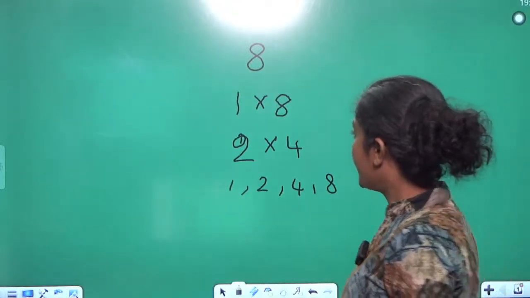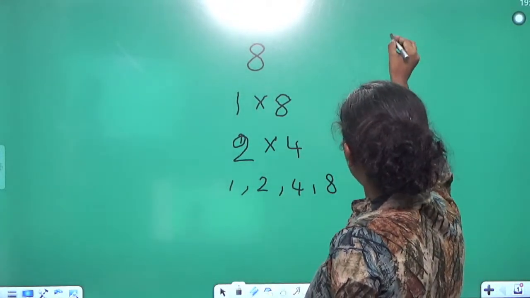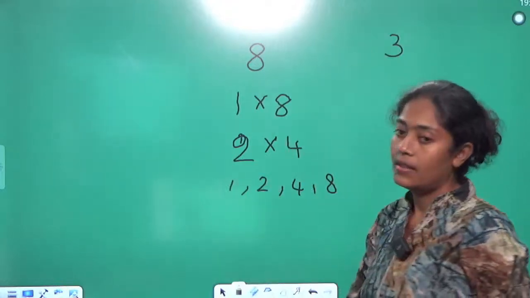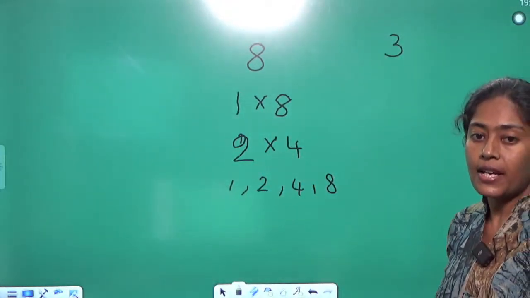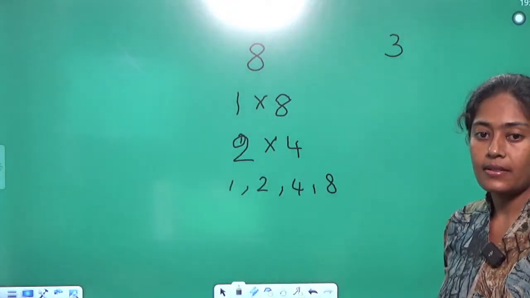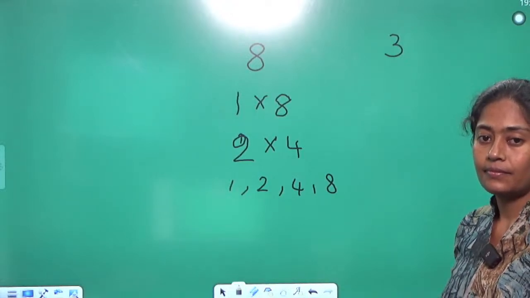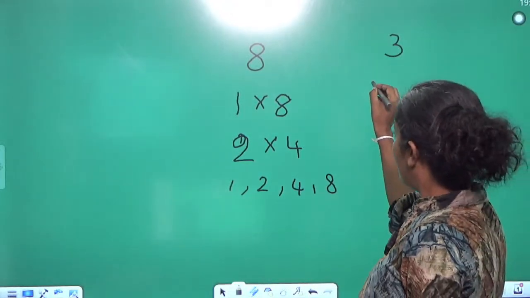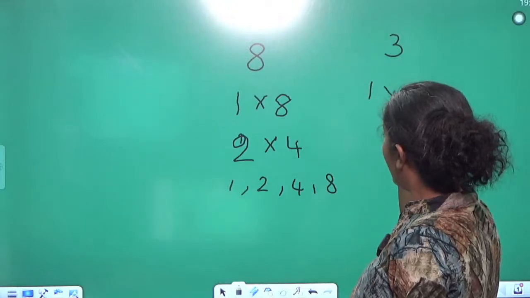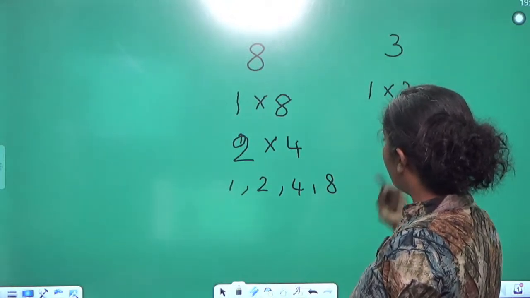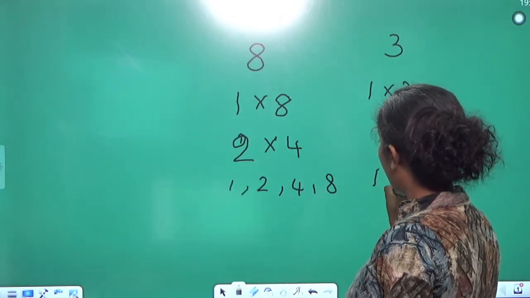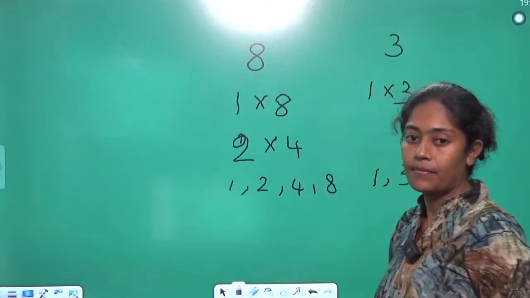If I take 3, what are the products you can write? 3 into 1 or 1 into 3. Then factors are only 1 and 3.